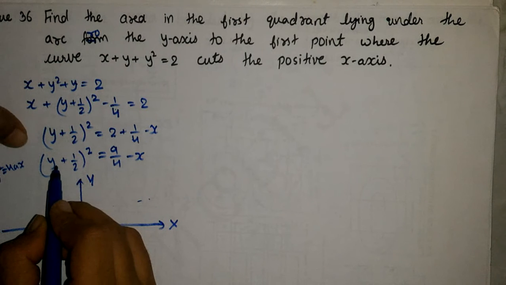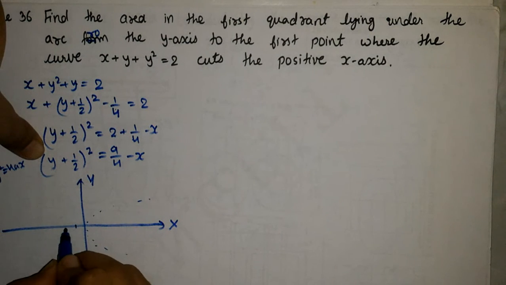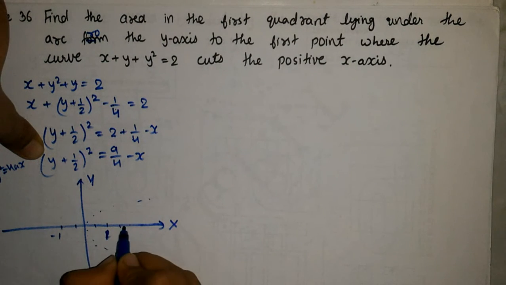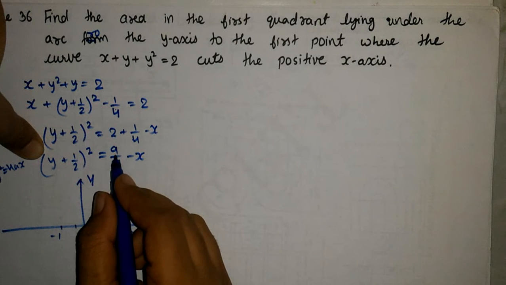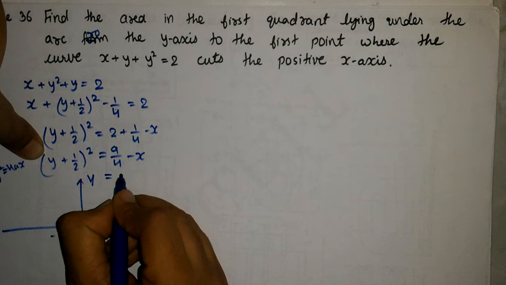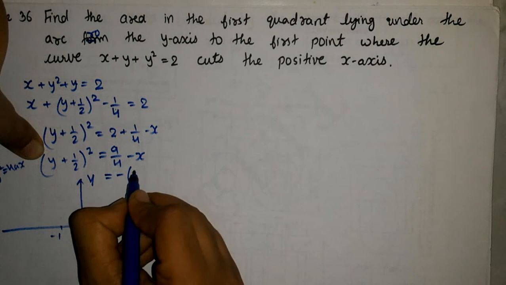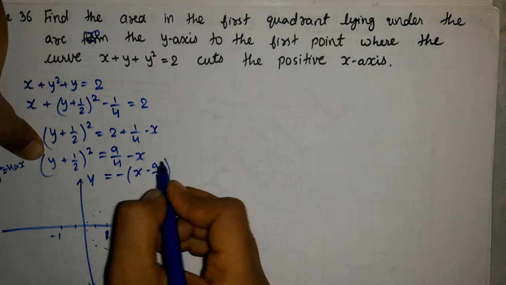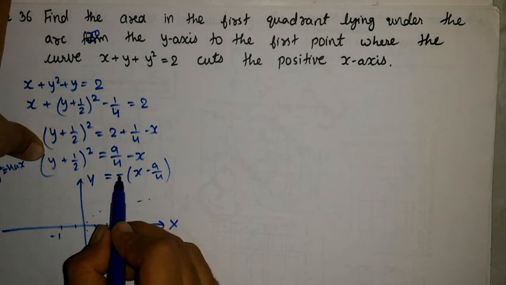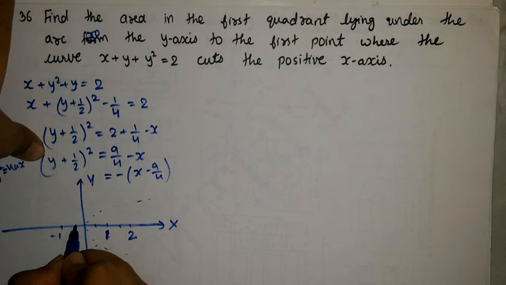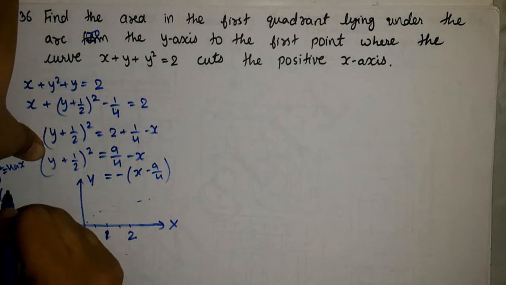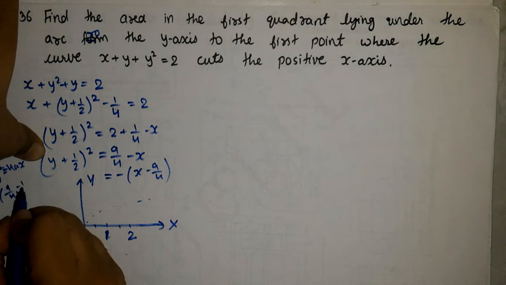Its vertex is at y is equal to minus 1 by 2, and x is 9 by 4, so the vertex is (9 by 4, minus 1 by 2). This parabola will open in the negative x direction.